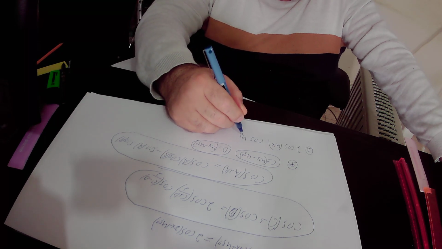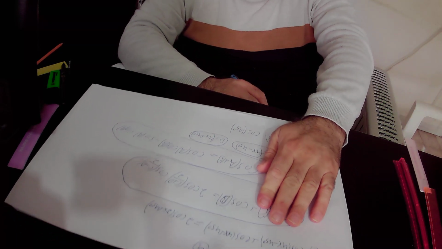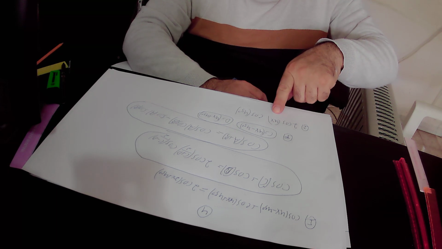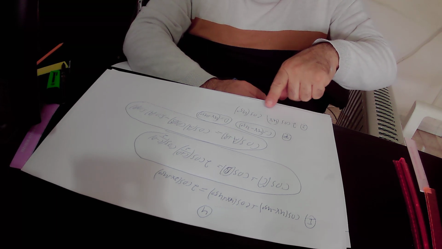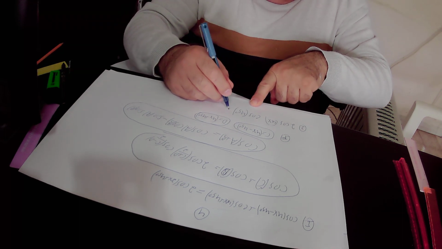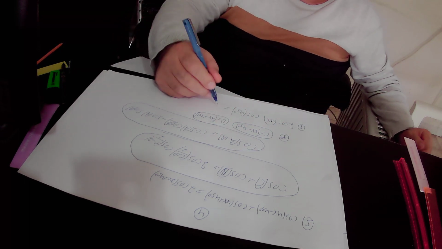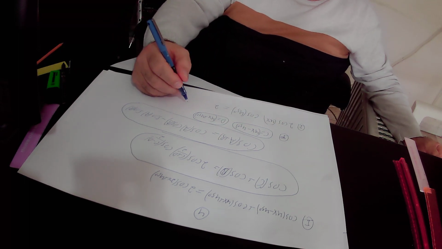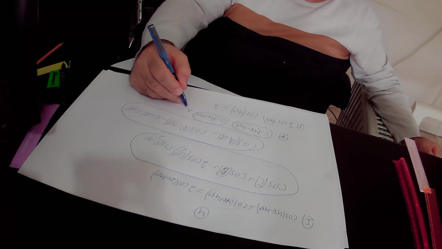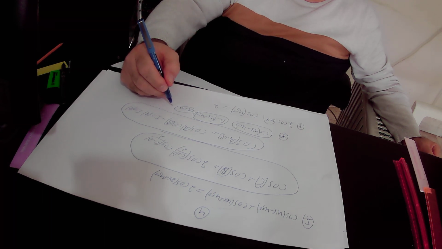So in conclusion, on this side of equation number 1, we got 2 cosine 4x times cosine 45 degrees, which equals 2 cosine 2x plus 45 degrees. Here A will be equal to 2x and B will be equal to 45 degrees.